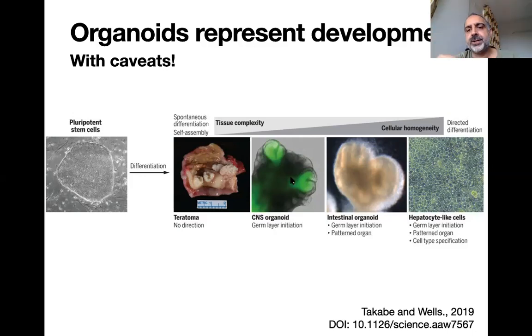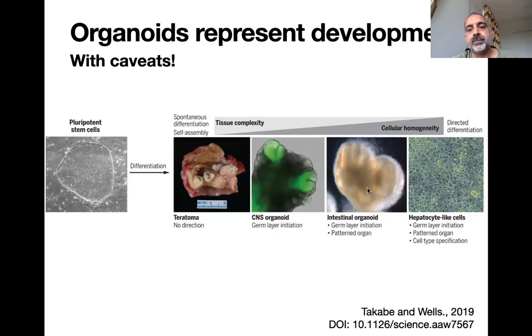You can steer differentiation a little bit more. So what's happening here is a certain cocktail of growth factors that are steering the pluripotent stem cells to adopt an endodermal and intestinal fate, and you start getting an intestinal organoid.